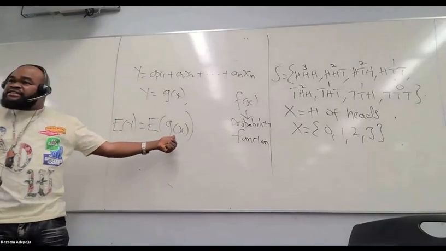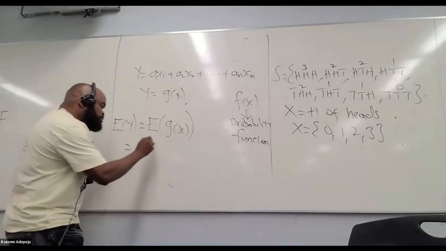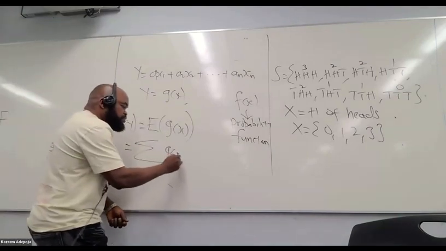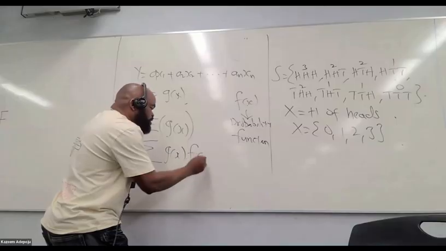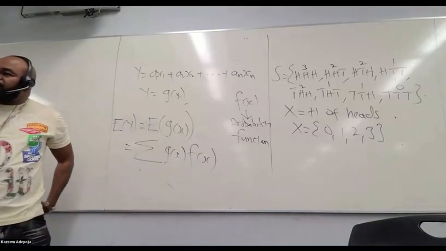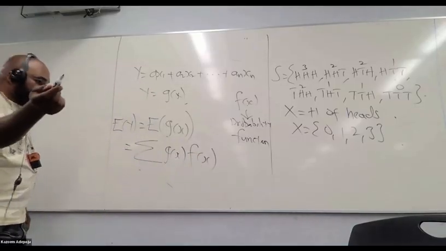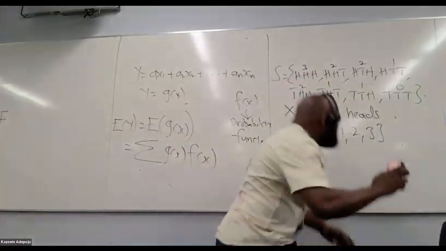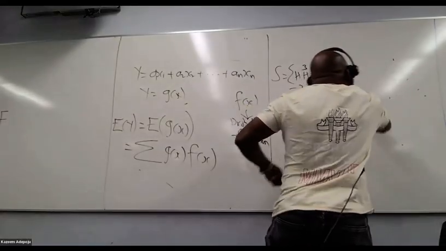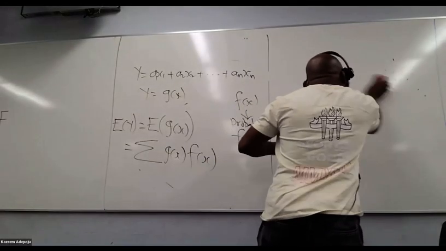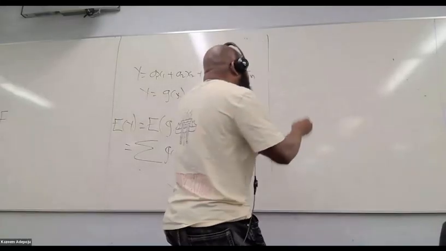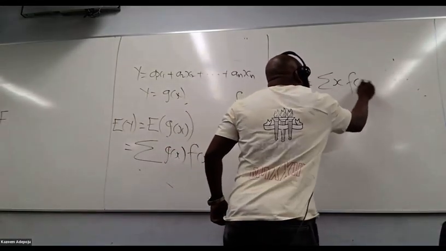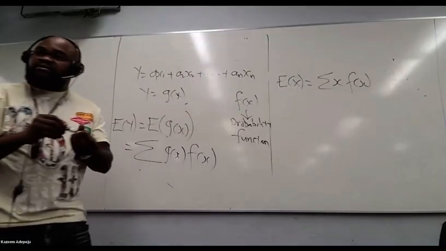Now, if g of X is discrete, then it's going to be a summation of the variable multiplied by the probability. That's exactly what we mean. Please pay attention. You remember the other time, if I have X, the expected value of X is the summation of x f of x.